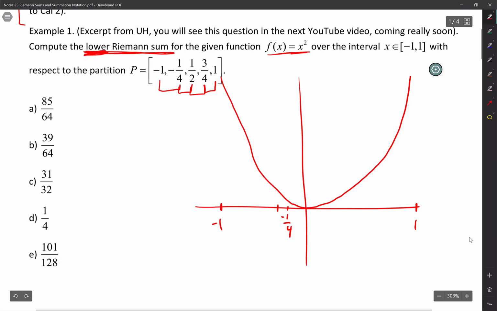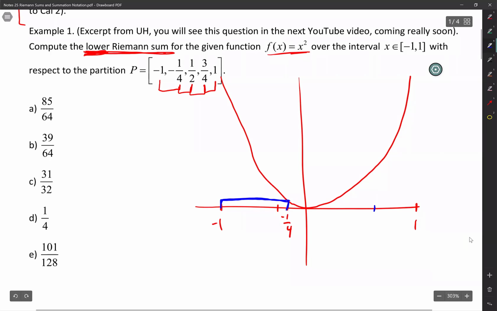The lower Riemann sum means the lowest point on that interval. The lowest point on that interval is at -1/4. So here's your rectangle. Now you're going to go from -1/4 to a half.